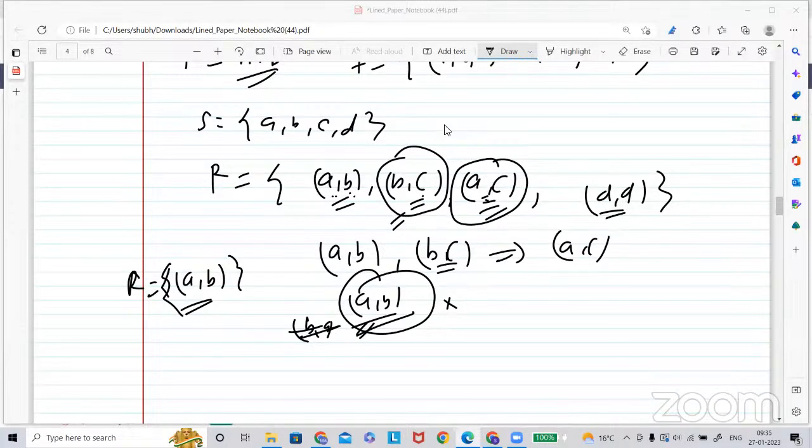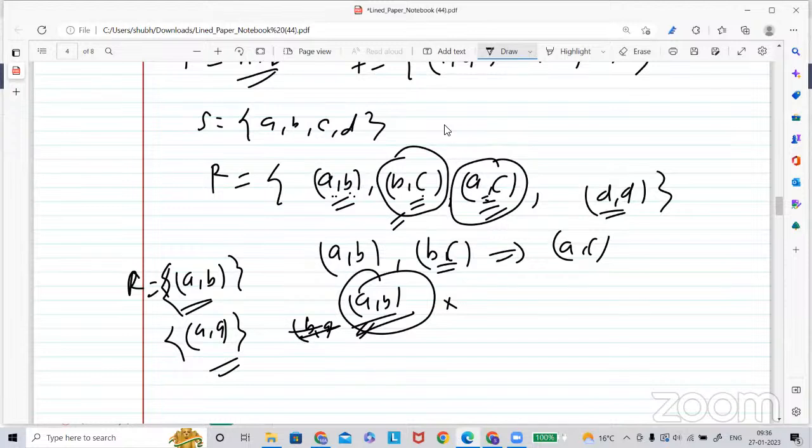Suppose the set contains only A comma A as an element, instead of A comma B. Then it is not reflexive, but it is symmetric, because reversing AA gives AA. It is symmetric and it is transitive, but it is not reflexive.